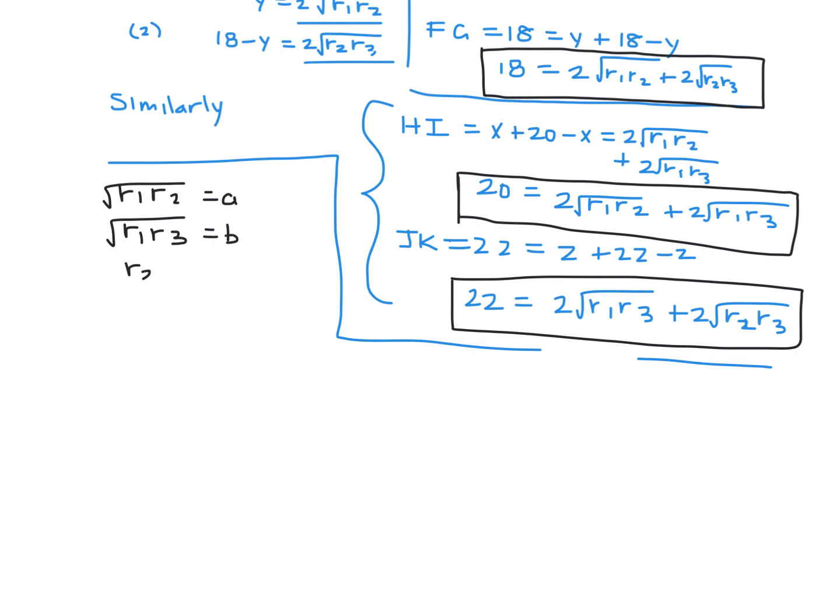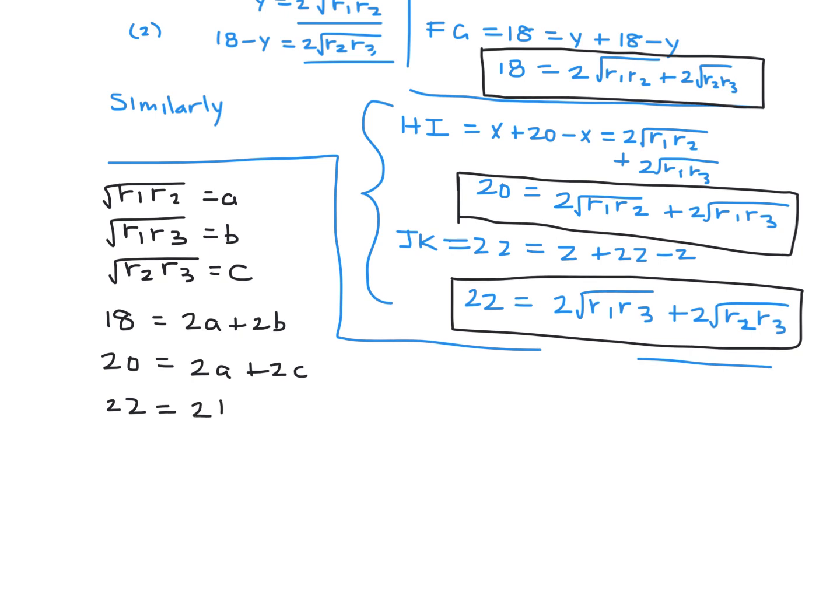And then this root r2r3 equals c. Got it? Okay. So then, when we substitute that in, you get 18 is equal to 2a plus 2b, and then 20 is equal to 2a plus 2c, and 22 is equal to 2b plus 2c.